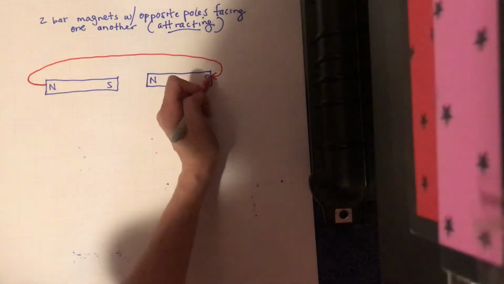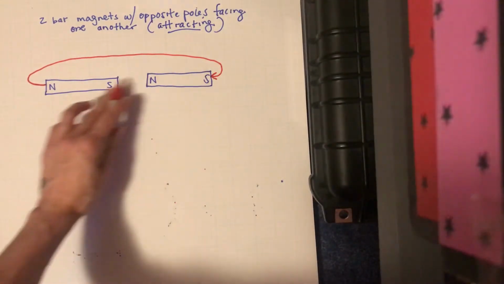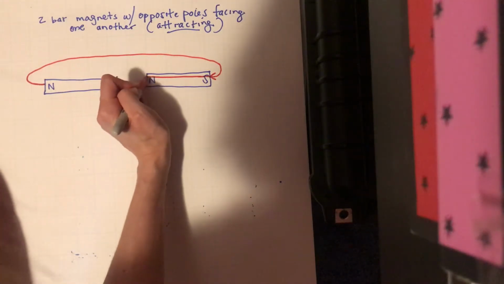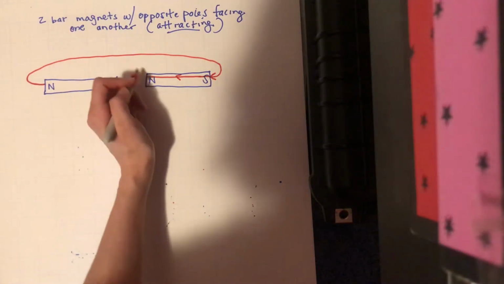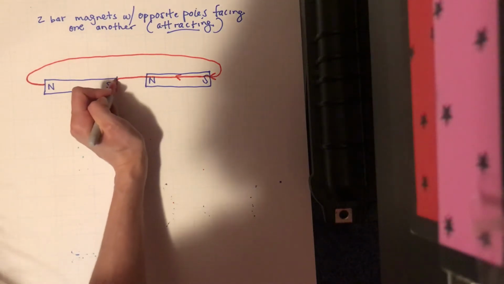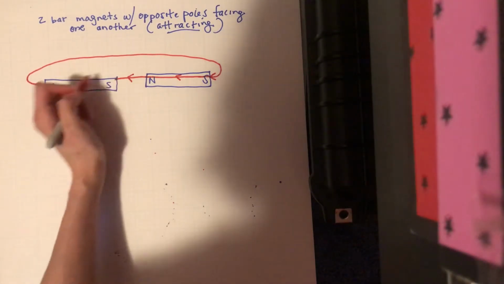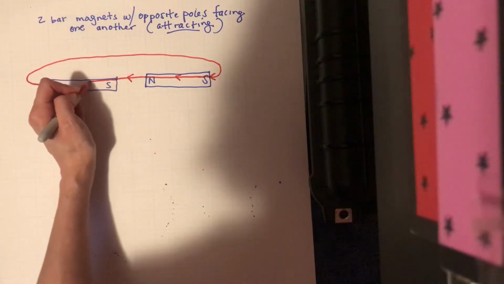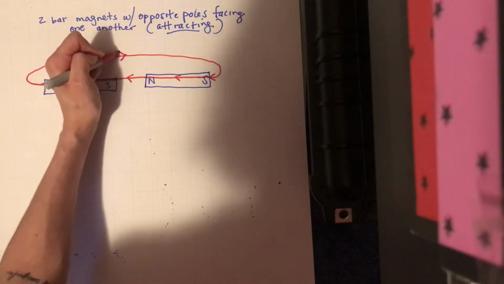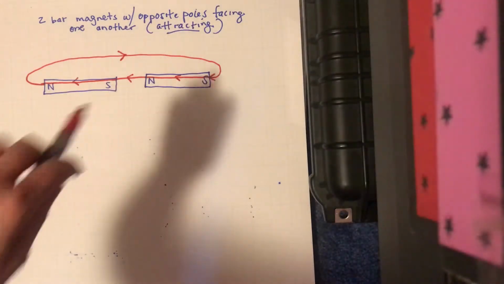And internal to the magnet, remember we need to complete that loop, we're going from south to north. External to the magnet, we're going north to south. Internal to the magnet, south to north. And now we have completed that first magnetic field line.